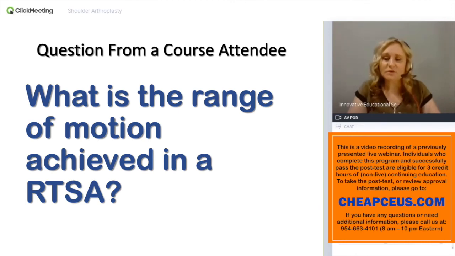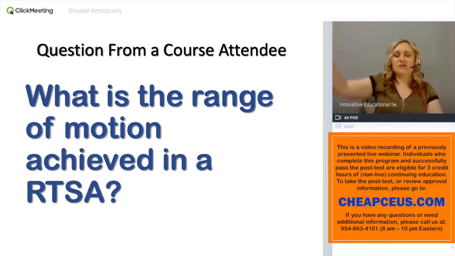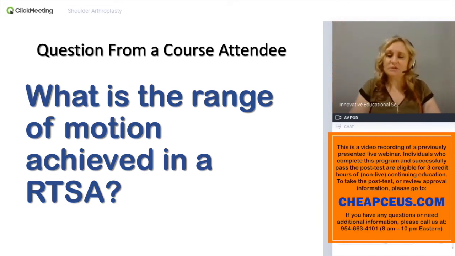What is the range of motion achieved in a reverse? Generally, what the research is finding is that patients have a significant improvement in their range of motion. Somewhere between 80 and 120 degrees of anterior elevation and abduction seems to be what's achieved with either type of shoulder replacement, and then to a lesser degree, they're going to have their internal, external range of motion. It's not a set value.